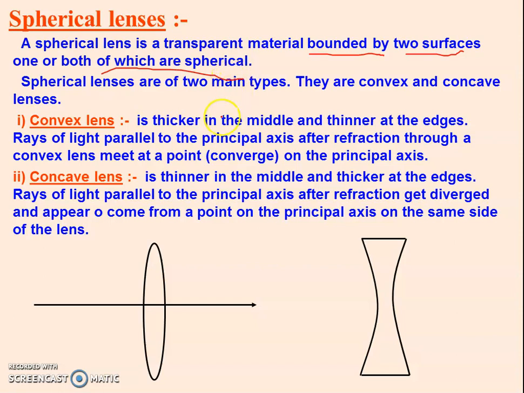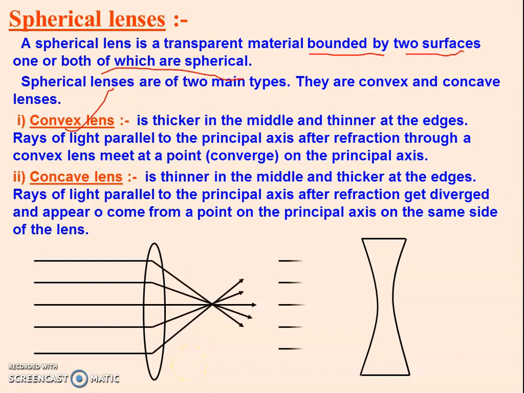Now these lenses are of two main types: the convex lens, which is thicker in the middle part, and the concave lens, which is thinner at the middle part. Now when rays are incident on the convex lens, these rays will converge at its focal point.